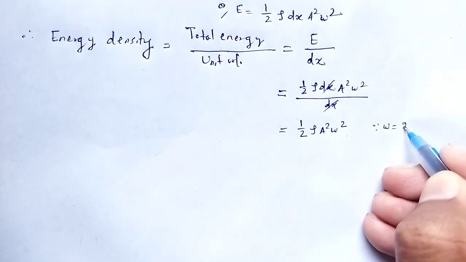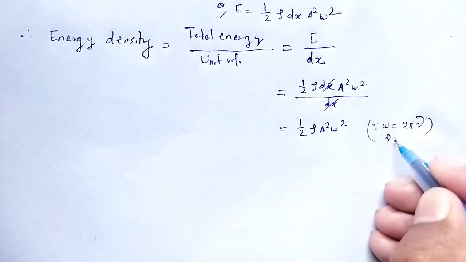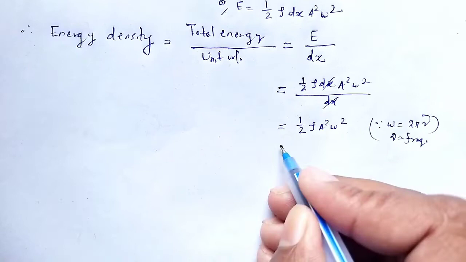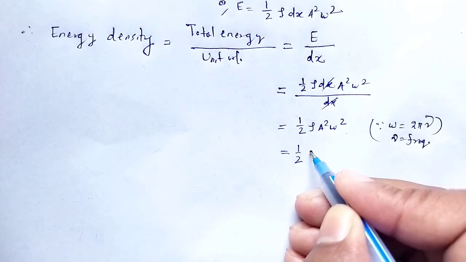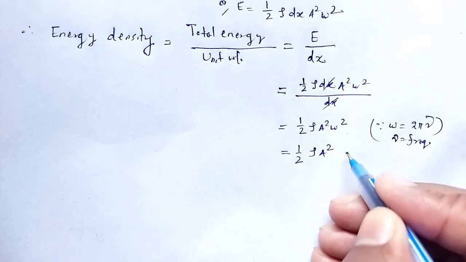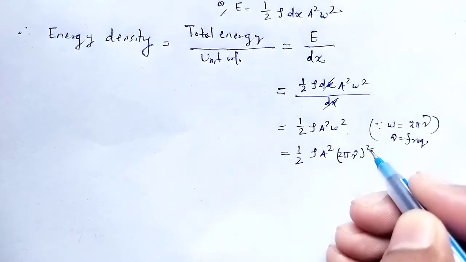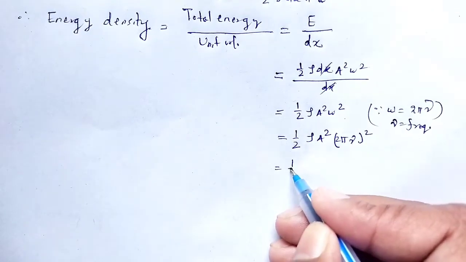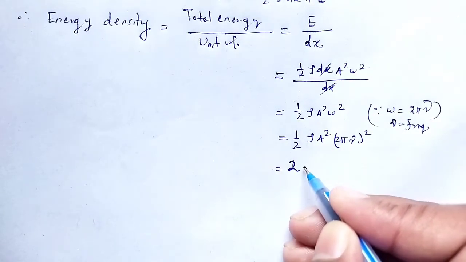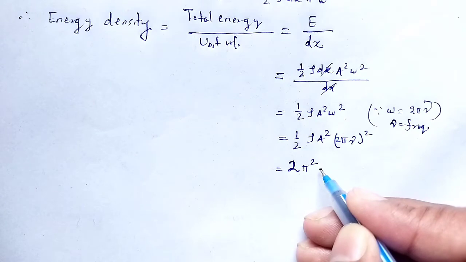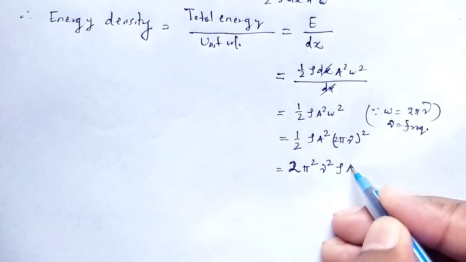Now, omega is equal to 2 pi nu, where nu is the frequency. Therefore, half rho a square into 2 pi nu square. Finally, 2 square, 2 cancels out, that is equal to 2 pi square nu square rho a square.